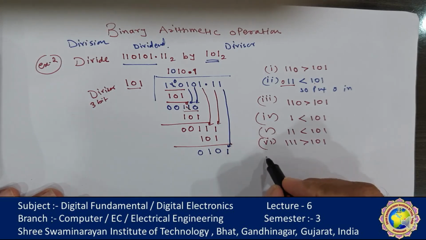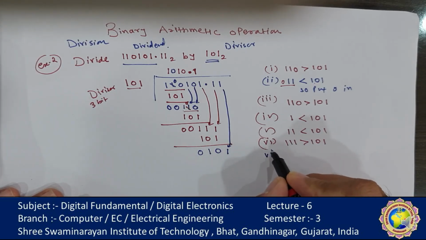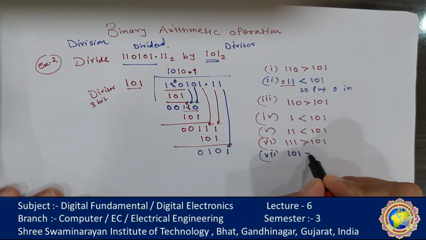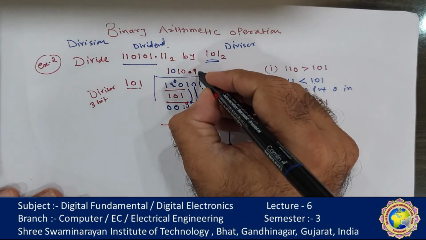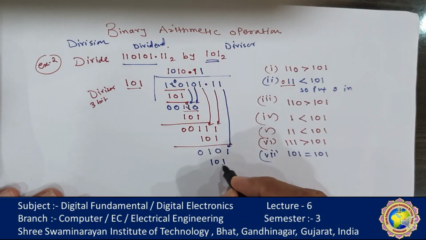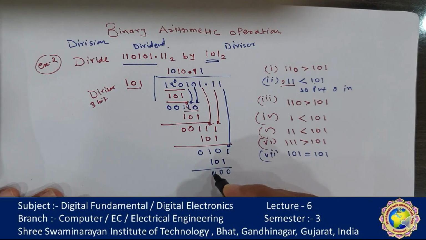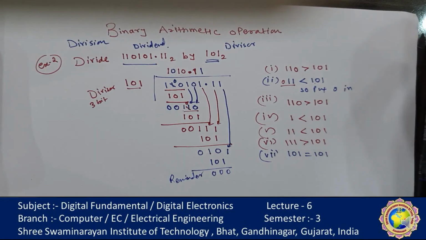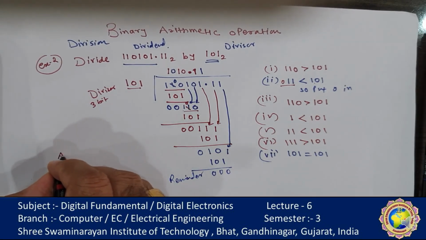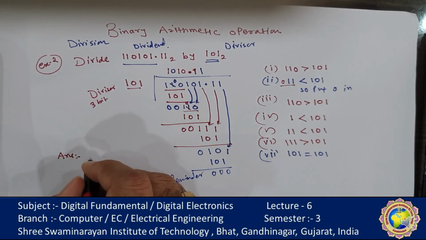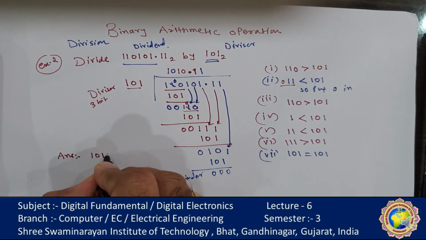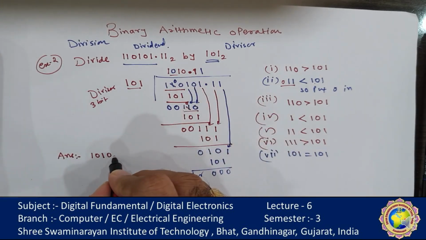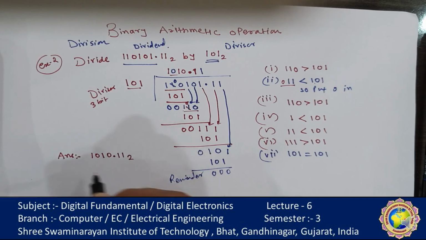So it is 101, and 101 is equal, the same. So we have to multiply by 1, 101, and we got the remainder 000. And our answer is, the division is 1010.11 in binary.